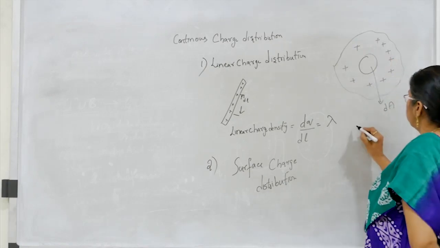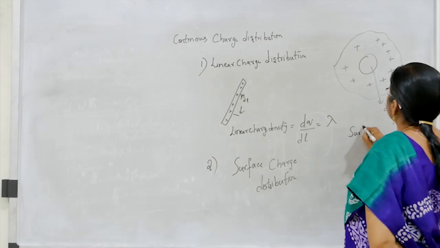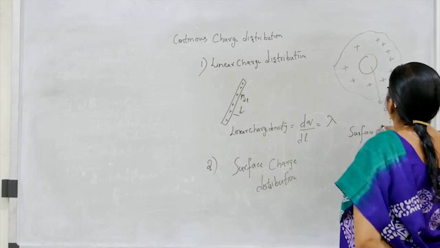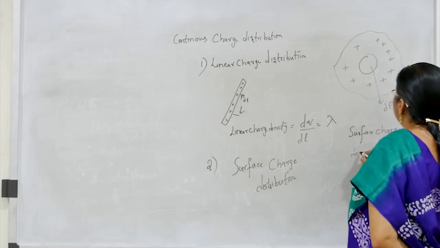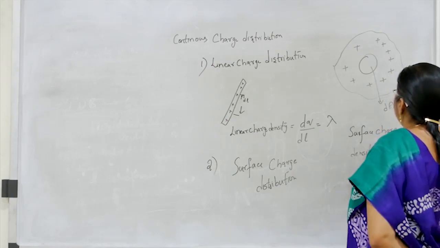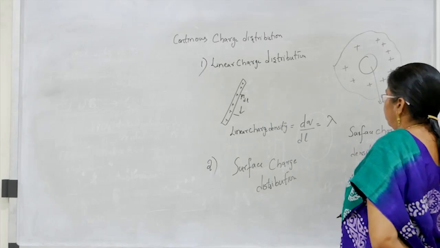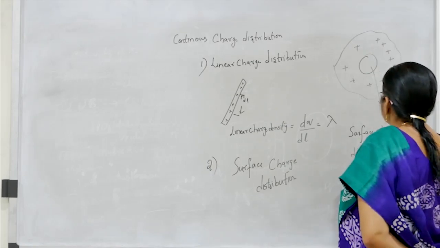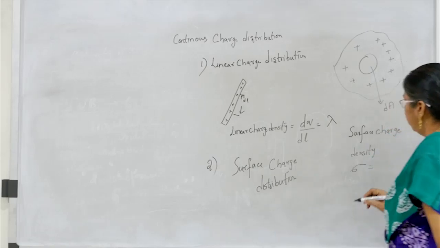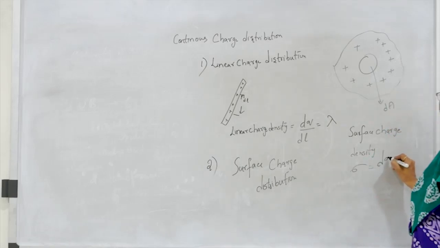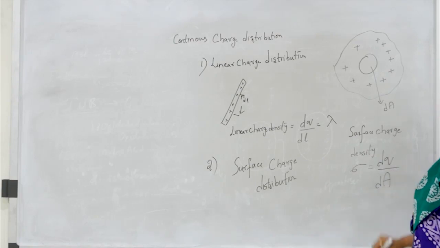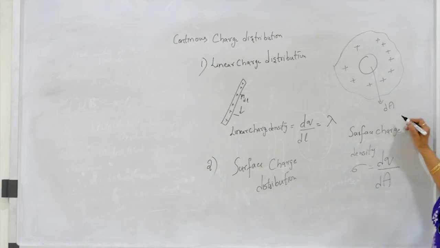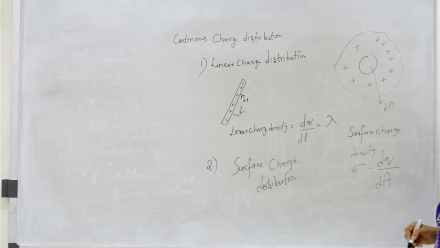So surface charge density, sigma, is given by dq by dA, where dA is the area and dq is the charge.